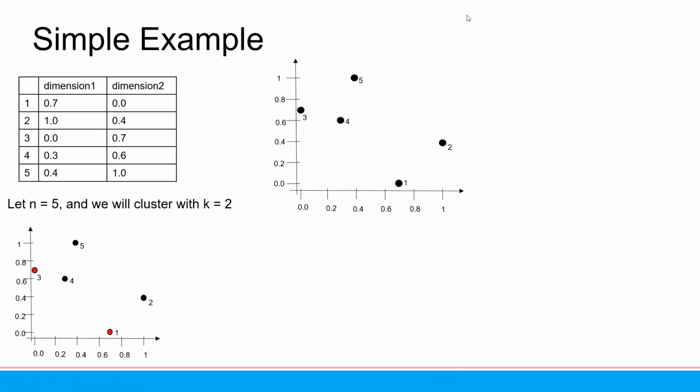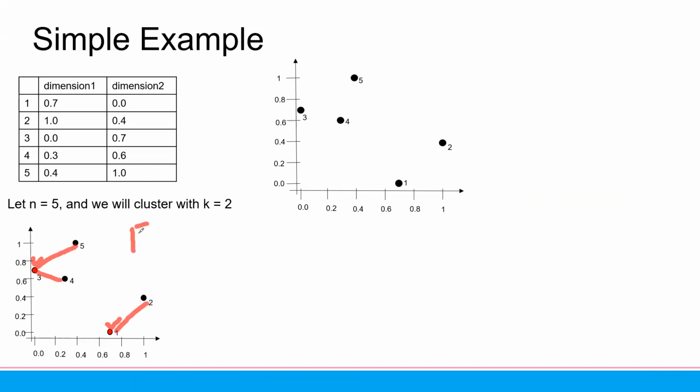Now let's say I choose object 3, and then I choose object 1. Object 3 is chosen and I need to measure the distance. Object 1 is chosen and I need to measure the distance.